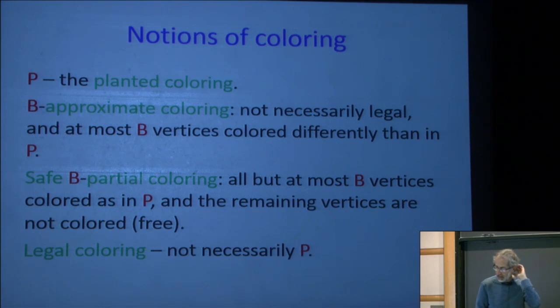A safe B-partial coloring is something even better. You don't color all vertices of the graph, you color only some of them, except for B vertices, but all those vertices that you color exactly as in the planted coloring. So it's safe. From then on, you can always continue. You have made no mistakes so far. And a legal coloring is any legal coloring, not necessarily the planted one.